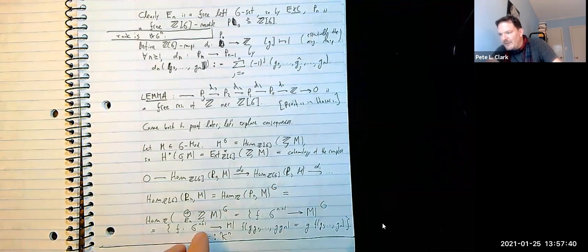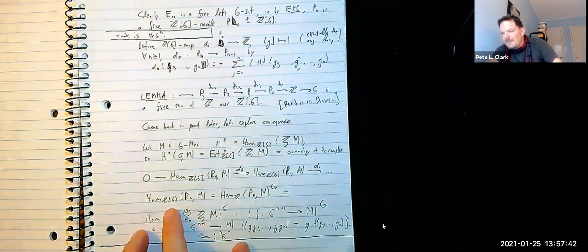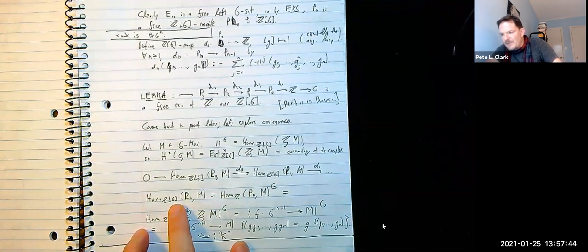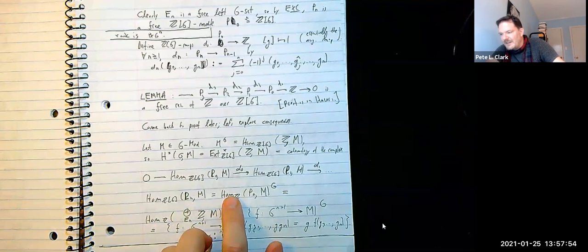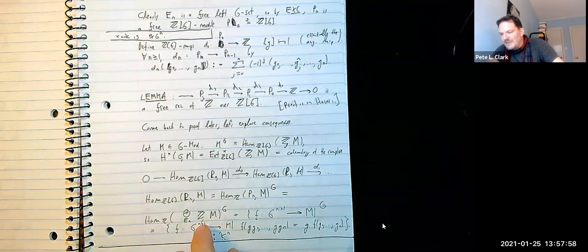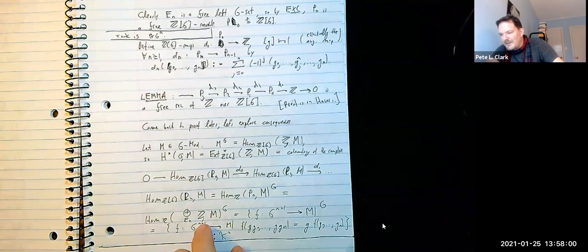Now, to make this concrete, we should interpret the ZG Hom of Pn into M. As we talked about last time, a nice thing here is that the ZG Hom is actually the G invariants of the Z Hom. Now, Pn is a free Z module, so we're just concatenating universal properties.